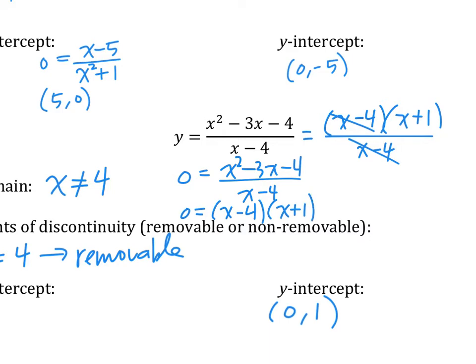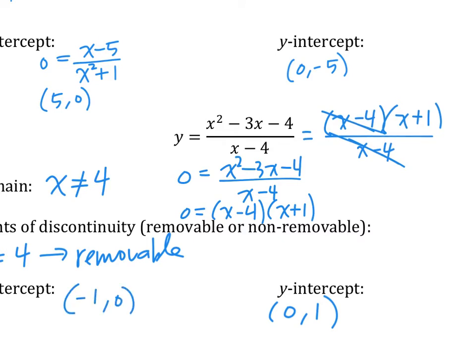So you would say the x-intercept is at 4 and negative 1, which is incorrect because this is a hole. At a hole, nothing happens. So then you have to jump over that number. Yes, the function would have crossed the x-axis at that point, but instead of an actual point, there was a hole. So the actual x-intercept is only at negative 1, 0.